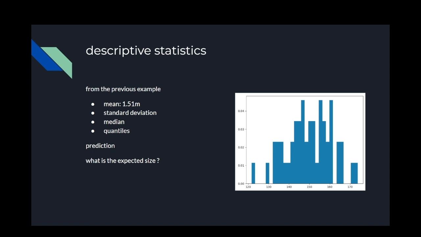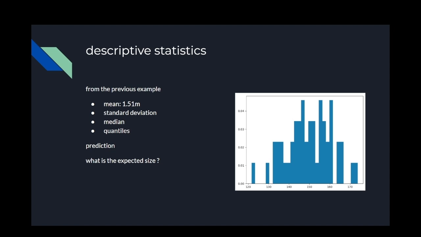For example, if we have a high standard deviation, it means that maybe the concentration is from 130 to 170, meaning that people are not so concentrated around 150. But if the standard deviation is low, this can mean that people are very concentrated around the mean. Let's say that people in general have a height around 150.